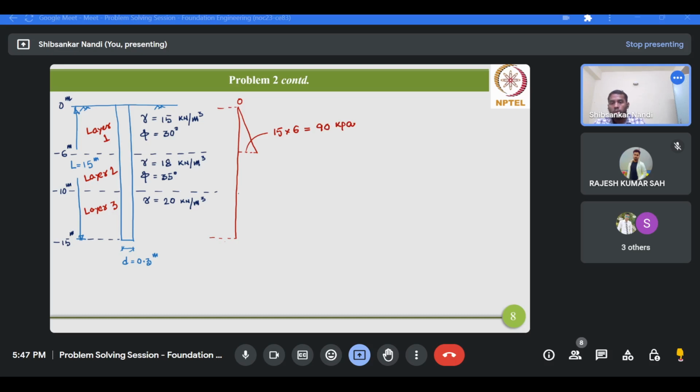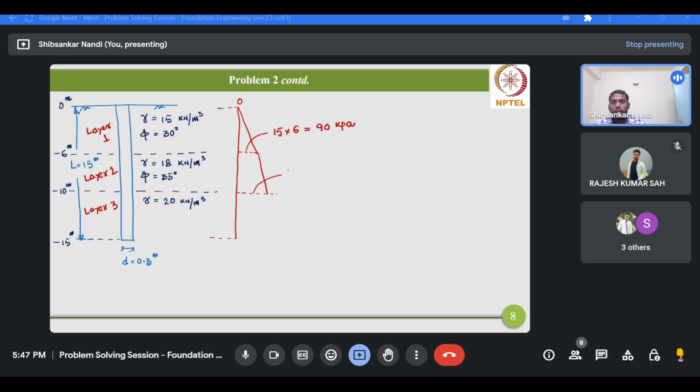Now for layer 2 it will vary from 90 to... again the gradient will not remain the same because the soil properties are changing.